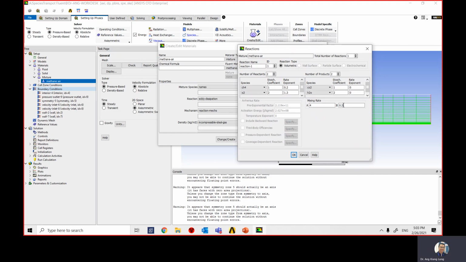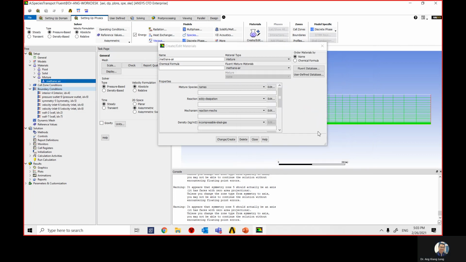So in the mixing group, you have A and B here. Then after that, we will use all the default values in this window. After that, we'll click OK.